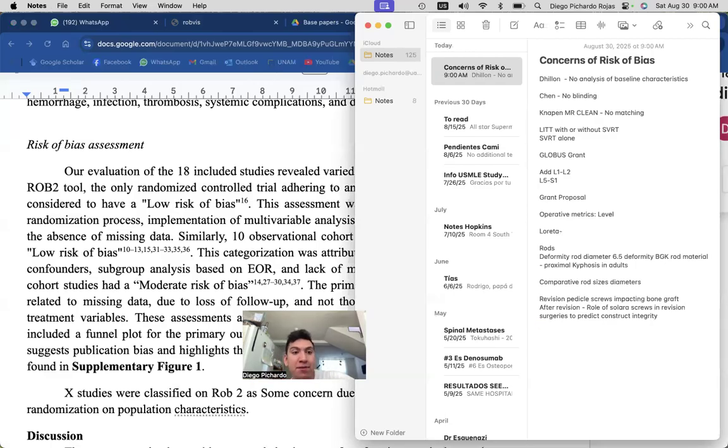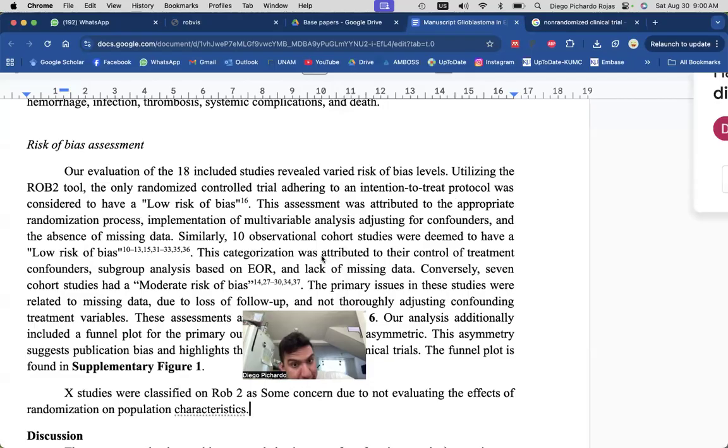Any questions for the ROB2? Now we're gonna do a ROBINS analysis, and that would be it for the risk of bias. It's a little bit tedious, but once you do your first one, it's way faster. All right. Any other questions? Was everything clear for this first part? All good. Okay, sweet.